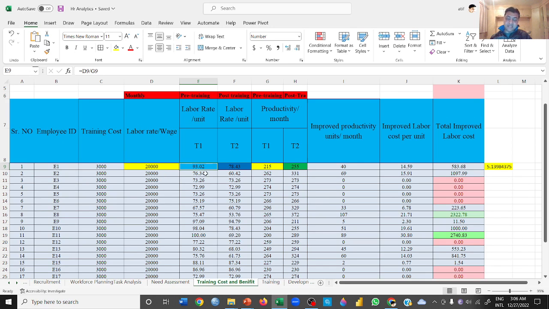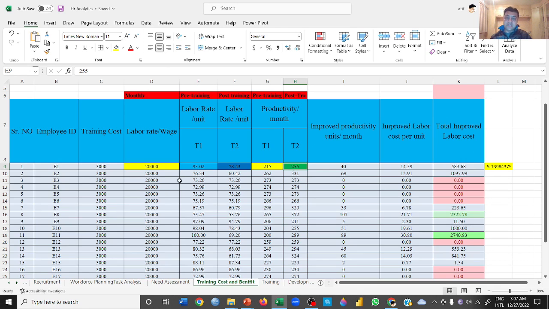Now, when you give him or her the training, you again collect the data, which is T2, post-training. After the training, the person started making 255 units per month. Because now they have improved some skills, they have started making more units in the same time.